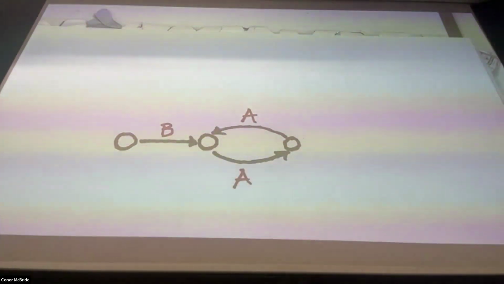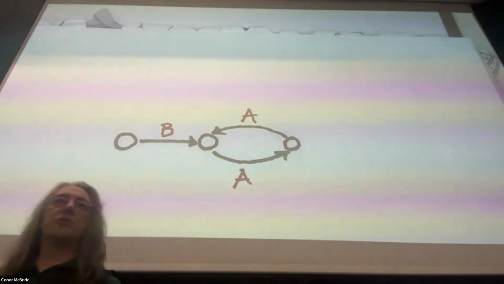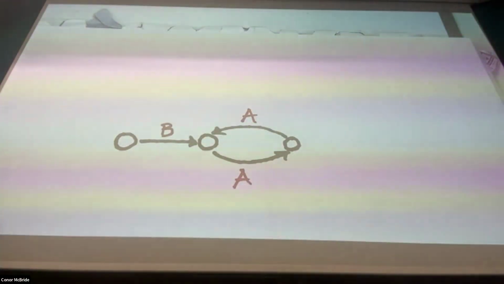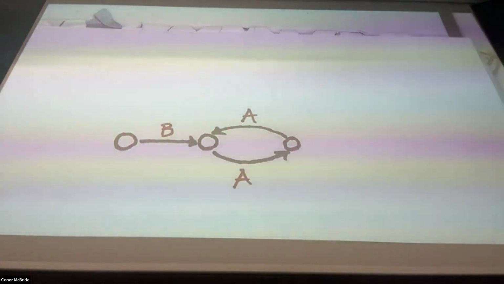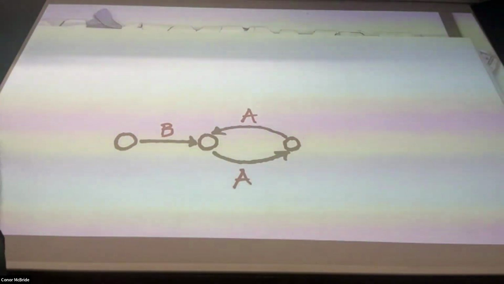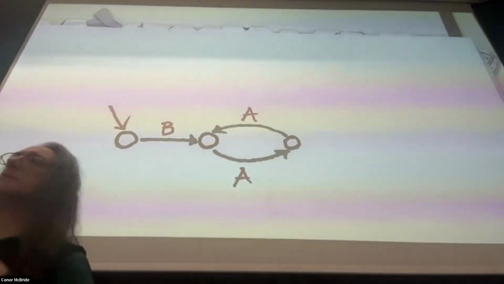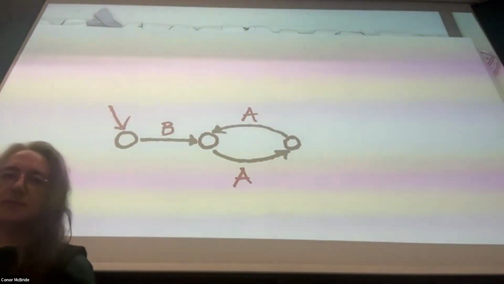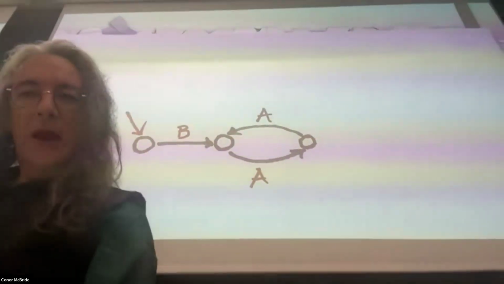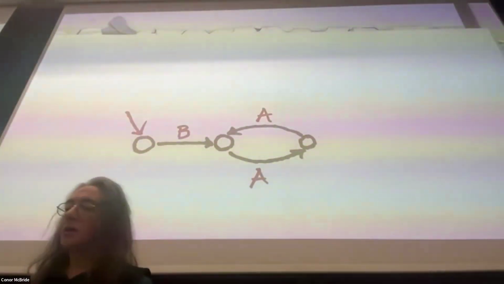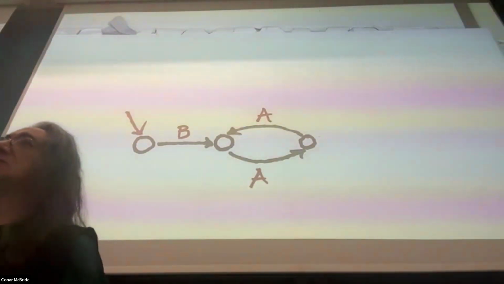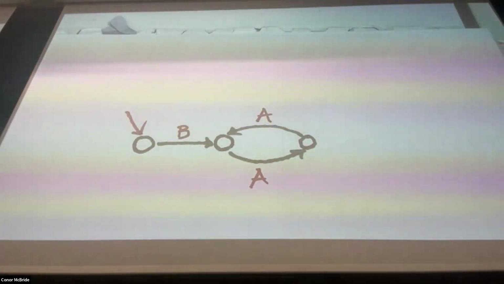Okay, so we're nearly at the description of the whole process. There's just 2 pieces of information missing. We need to know where to start, and we do that by just drawing an arrow in from empty space. And we need to know which of the states are happy states.